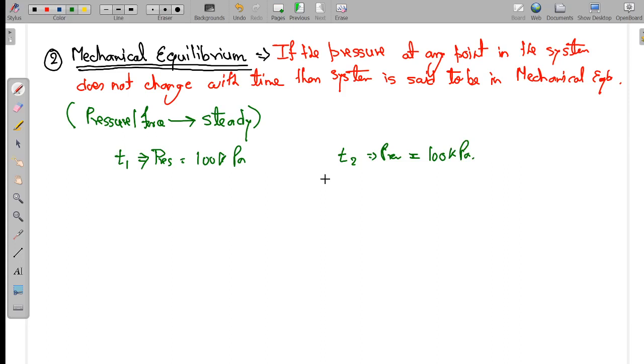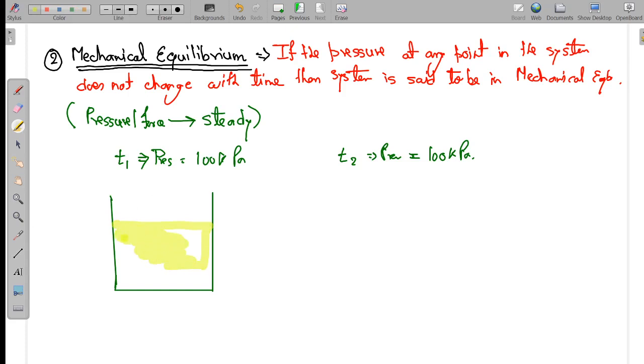Keep that in mind. I have not said that pressure is uniform. Let me tell you once again. Let us consider this is a container, and in this container I have filled a liquid.